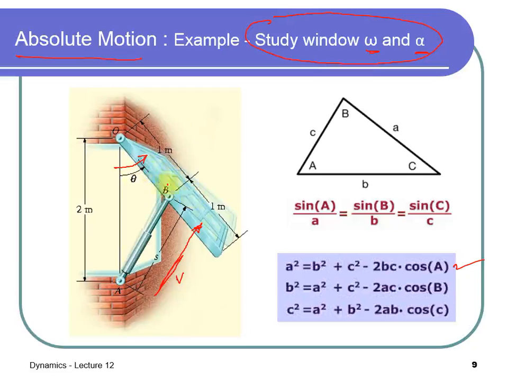and at an instance the angle is given as theta, the dimension of the window is given, and the opening of the window dimension is given.